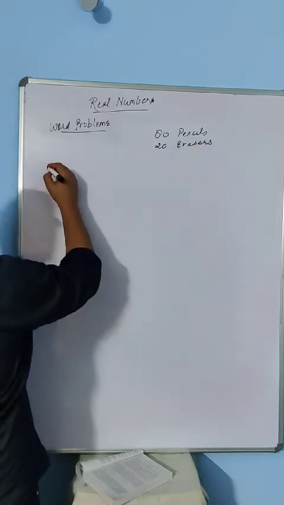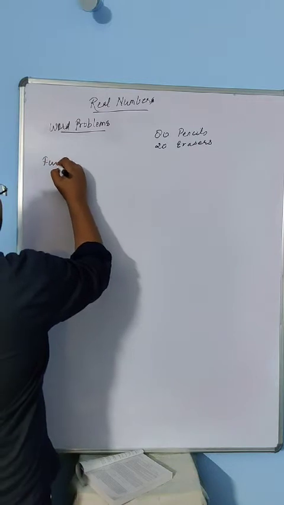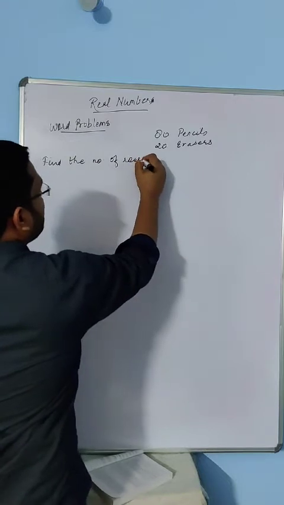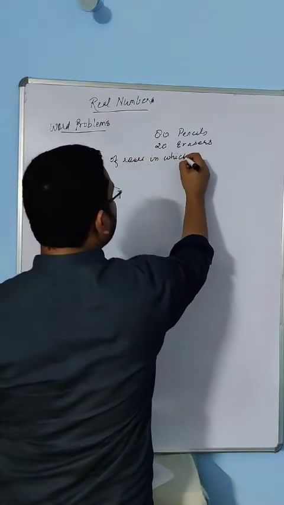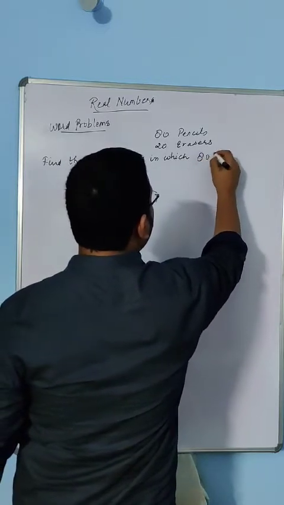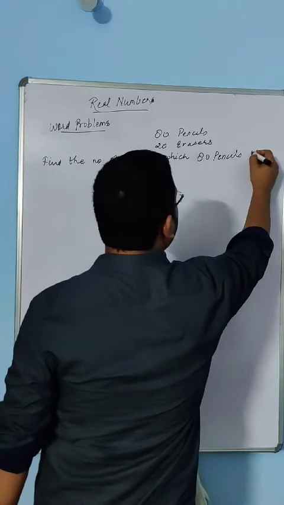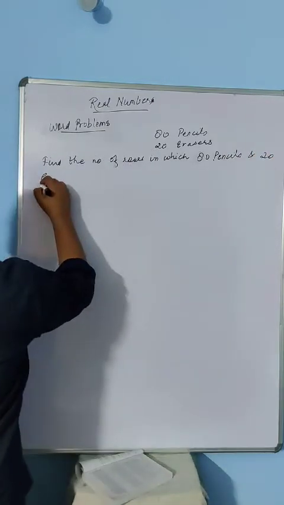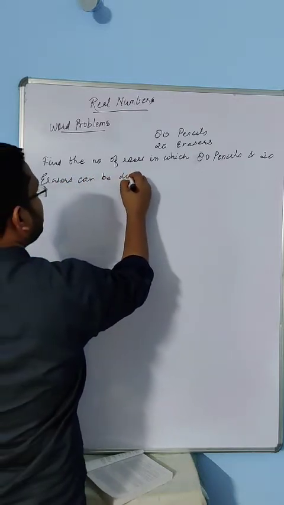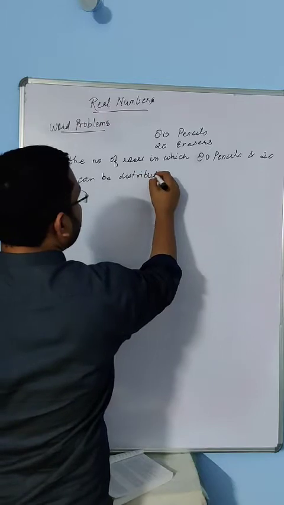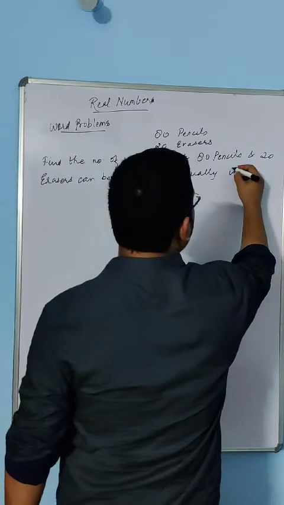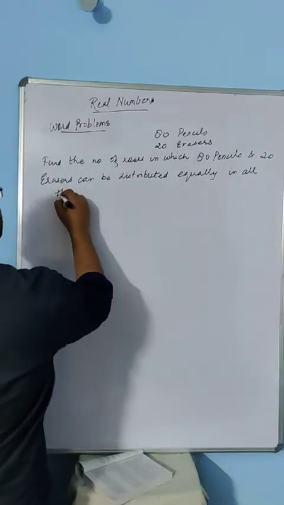And I'm saying, find the number of rows in which 80 pencils and 20 erasers can be distributed equally in all the rows.